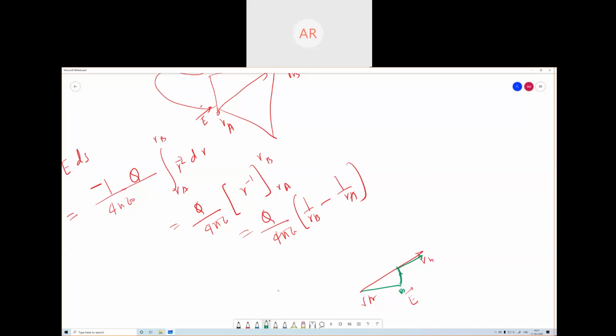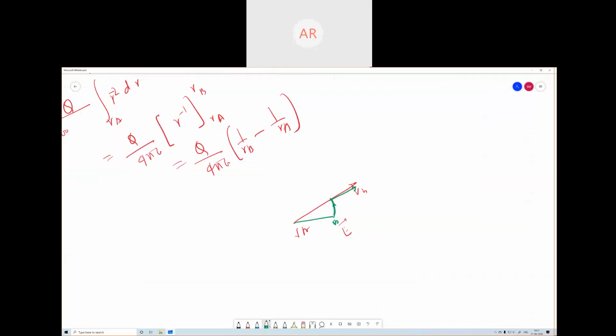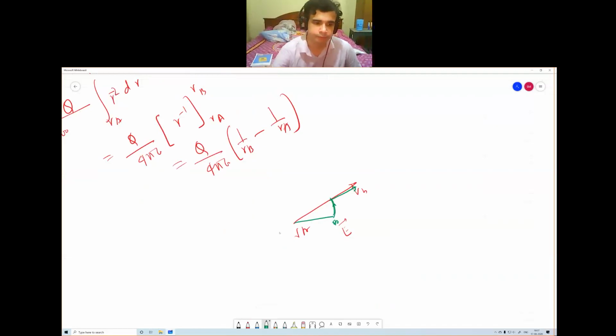Can you repeat? Sure. This is the one straight way which we took last time.